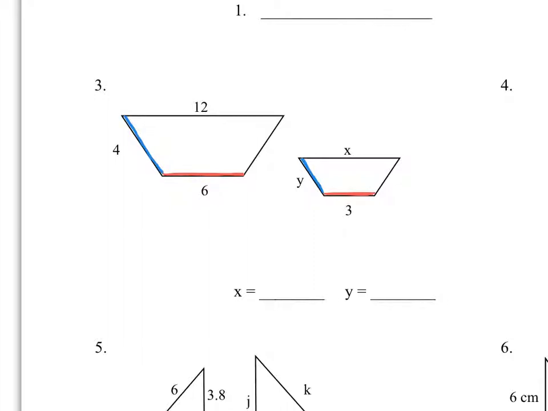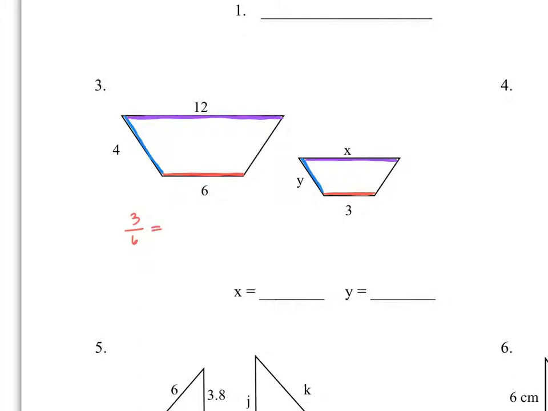And then you're going to set up a third fraction where from the small shape you have x, and from the big shape that corresponds to 12. So it's almost like you're figuring out 2 different problems or 2 different proportions you're setting up, but the 3/6 is what you're using multiple times.